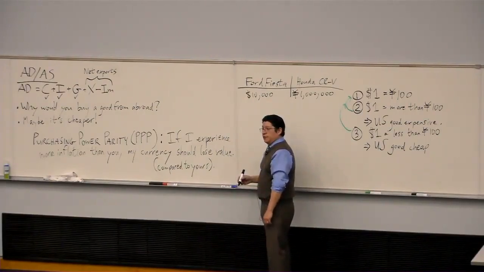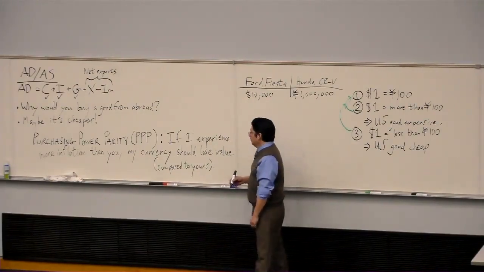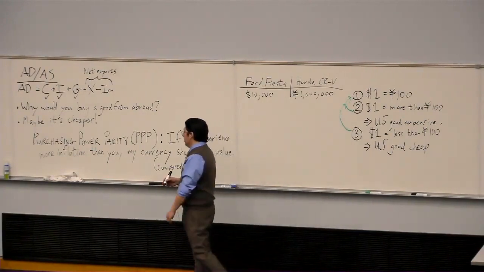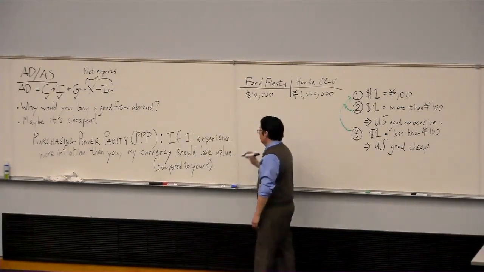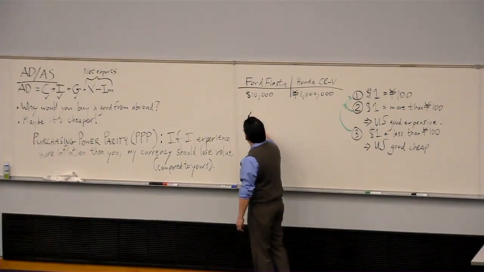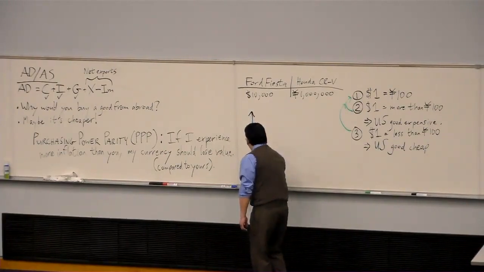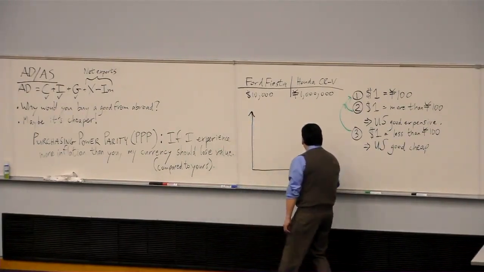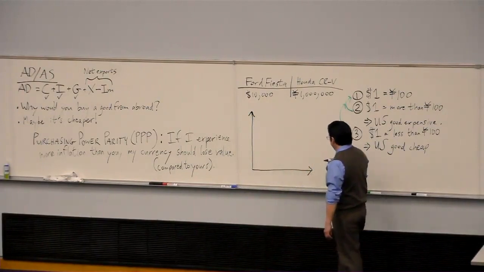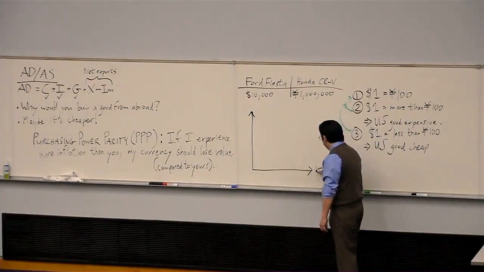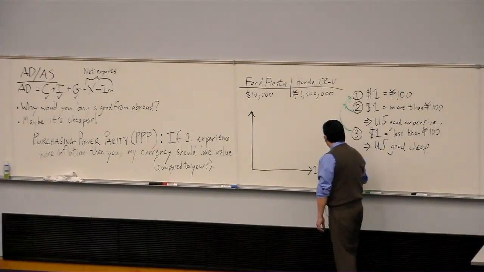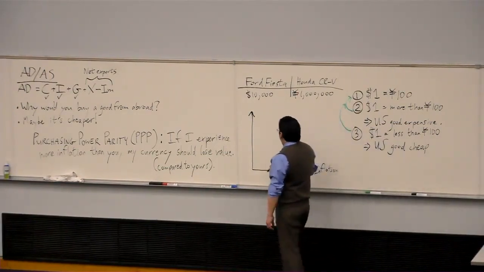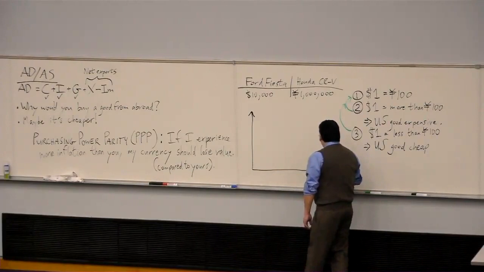And before we do that, I want to write down on the board what it is that purchasing power parity is actually predicting. Suppose we drew two axes. On this axis, we wrote, let's say, inflation, in some units.